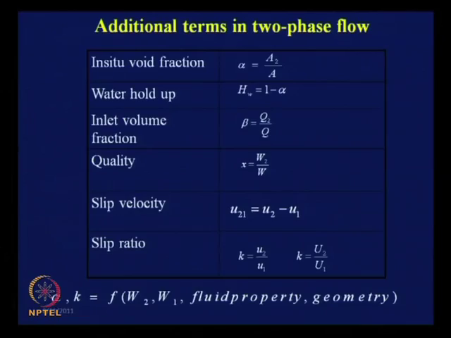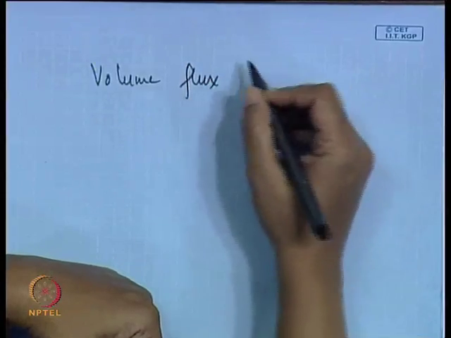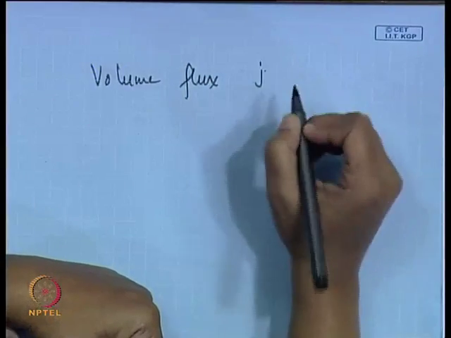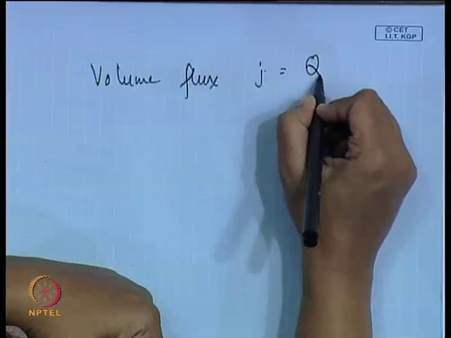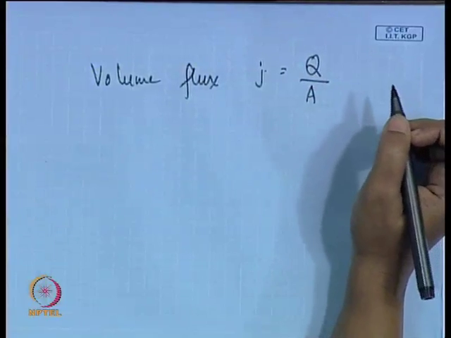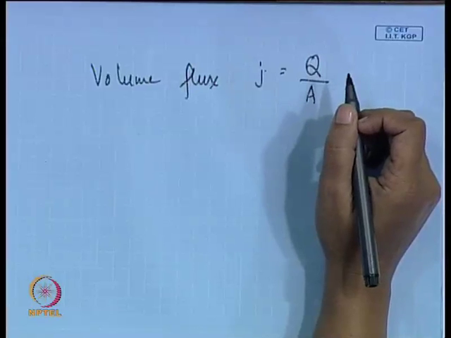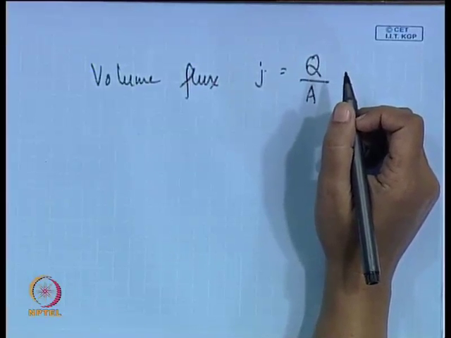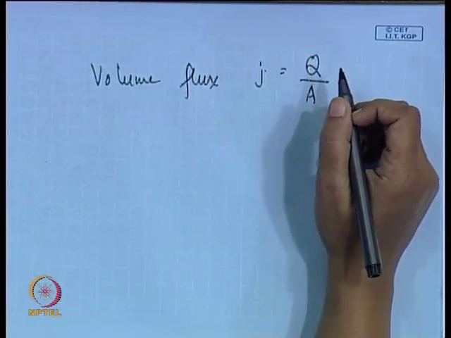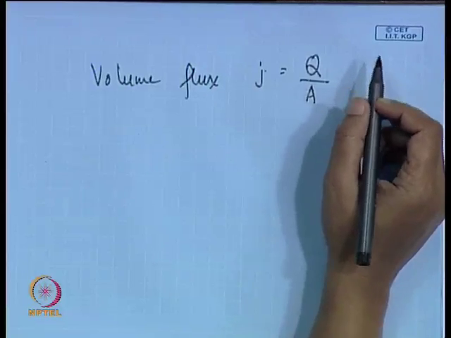Remember? How do we define the volume flux? It is small j, just the volumetric flow rate divided by the area. I had already defined it. Now, this was fine for single phase flows. Now, for two phase flow, what do we get?